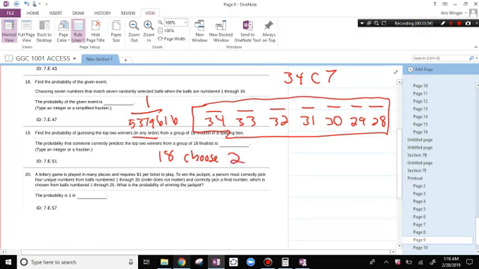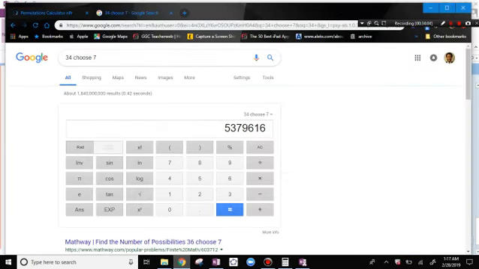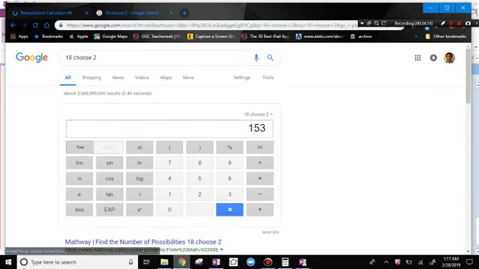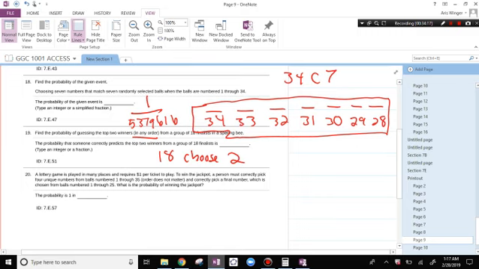I just need to pick the top 2, and I don't need to pick the order. That is 153. So the probability is 1 out of 153.